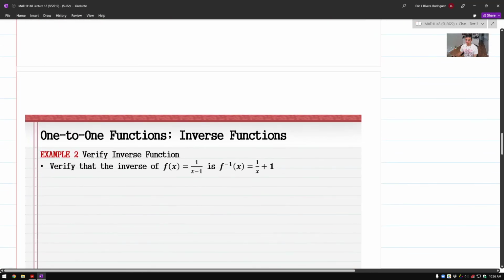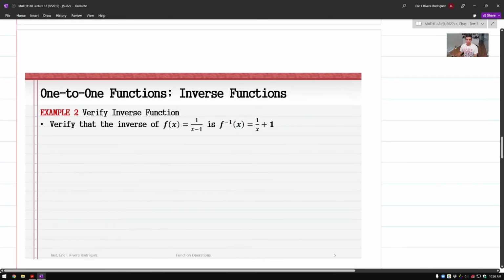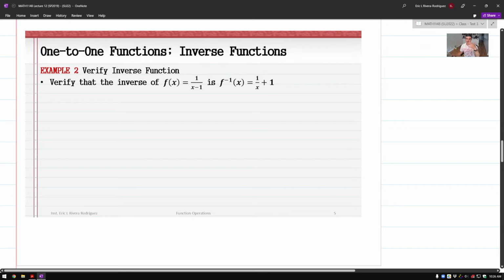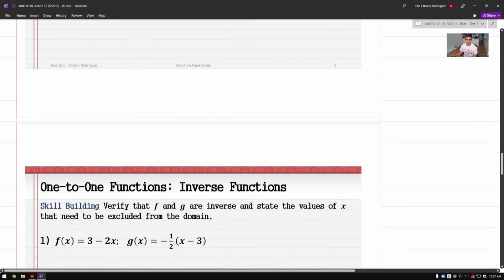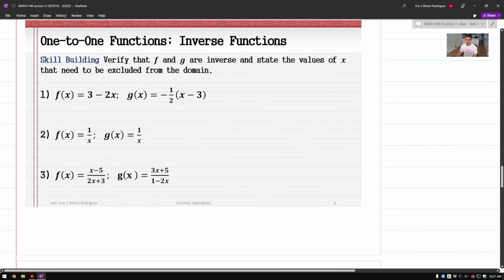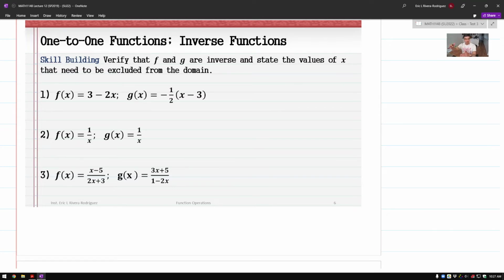Same exercise. We need to verify they are inverse to each other. We create the two compositions, both directions, and if we get back the input, it means that they are inverse to each other. Verify that they are inverse to each other. Now these ones are not necessarily inverse to each other.